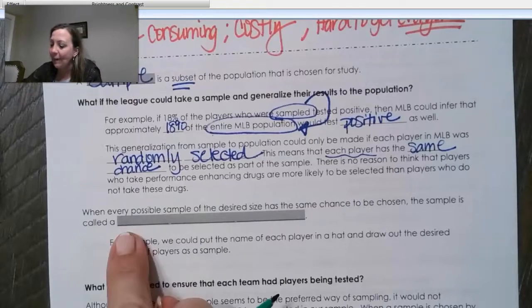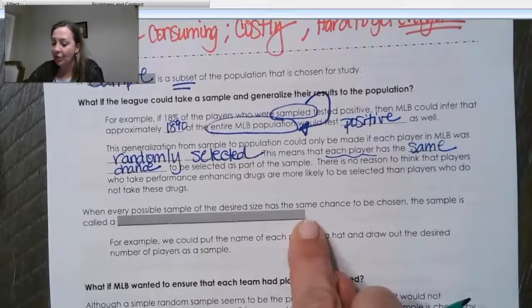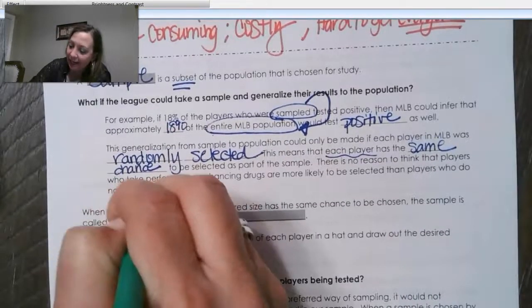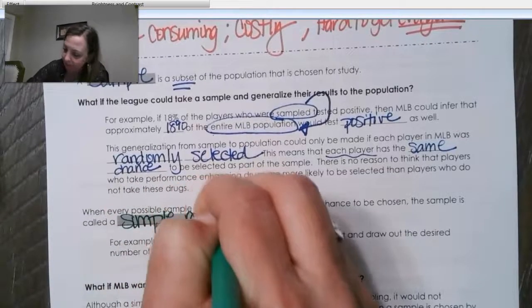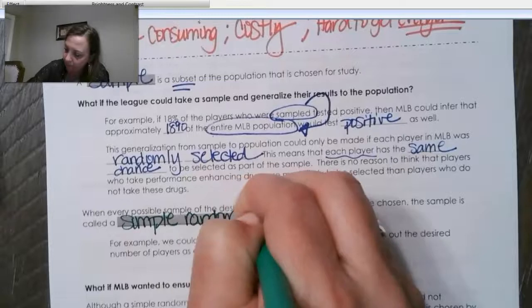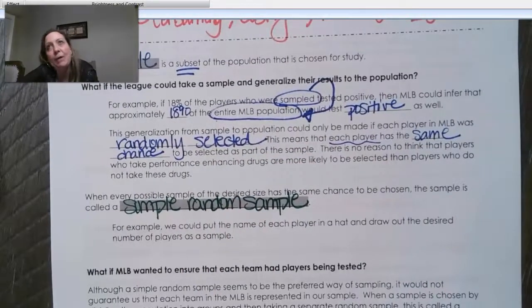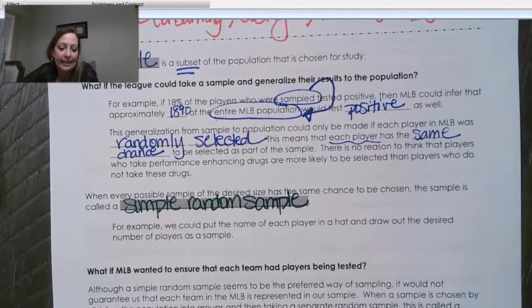Now, when every possible sample of the desired size has the same chance to be chosen, that sample is called a simple random sample. So for example, we could put the name of each player in a hat and draw out the desired number of players as a sample.